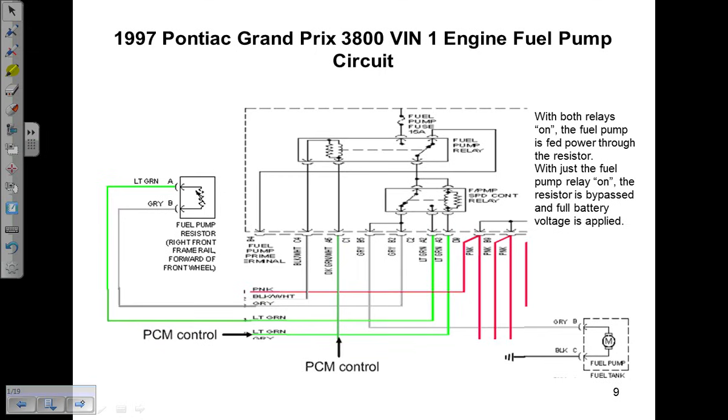So at low speeds, they would run the pump at a reduced voltage. And at high speeds, when the supercharger's in place and we need a lot of fuel, we need our pressure to be maintained higher, it would bypass the resistor, just like the Jeep that I just mentioned to you guys, and apply full voltage to the pump.